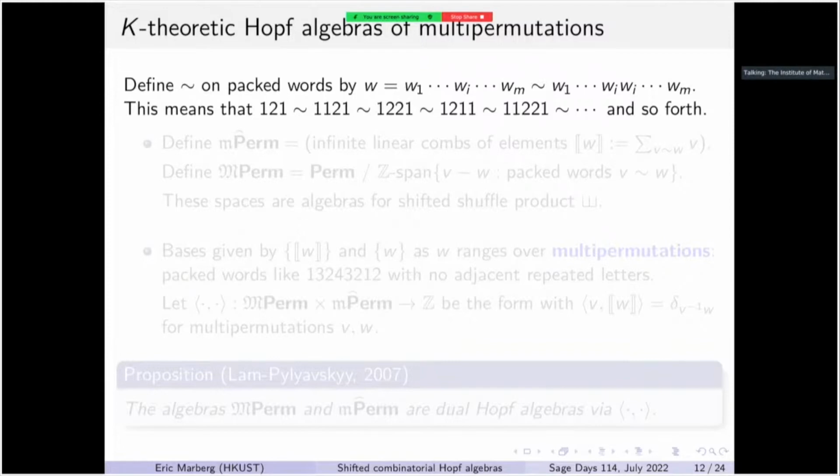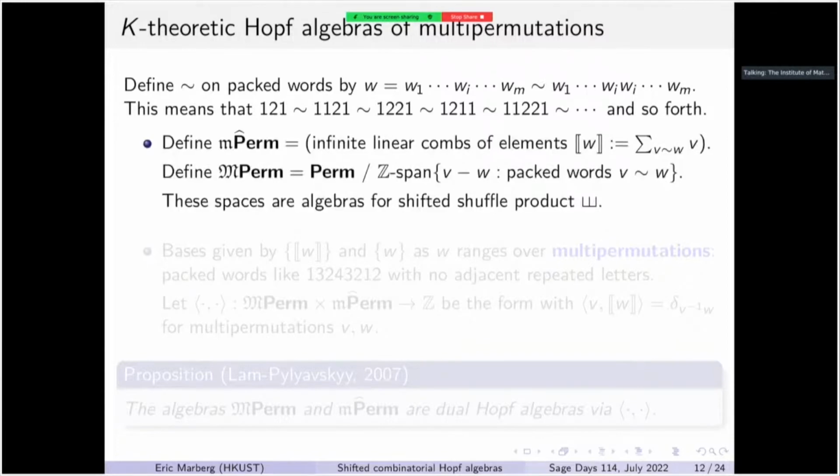To start out, we define this relation on packed words that just lets you duplicate letters. So if you start out with 1 2 1, you can replace the first 1 by two 1s, or the 2 by two 2s, or the last 1 by two 1s, and so forth. You can just expand out these words. Or conversely, if you take any word, you can condense it: whenever you have two equal letters, you can replace them by just one.